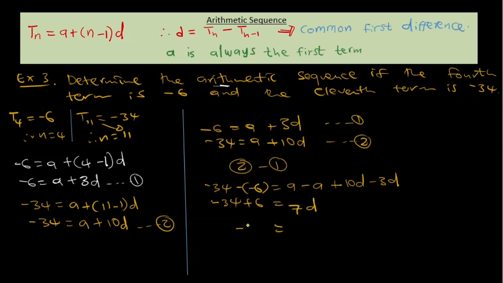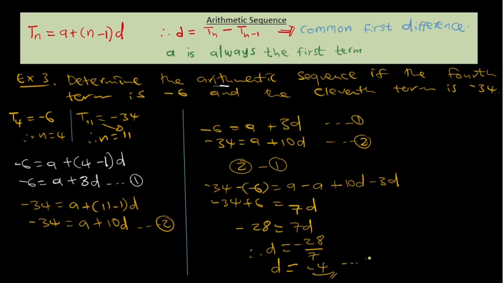This will be minus 28 equals 7d. Therefore, d is equal to minus 28 over 7. d will be minus 4. Then I'll call this equation 3.